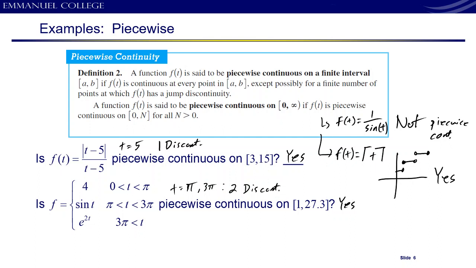So kind of the giveaway is also in the name: if it's part of a piecewise function, you should be able to get piecewise continuity out of it.